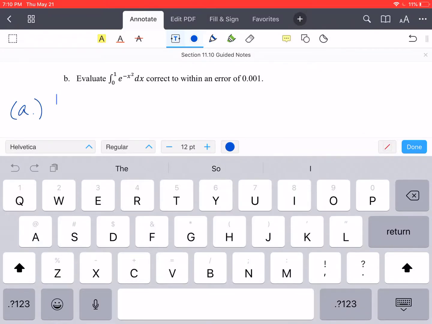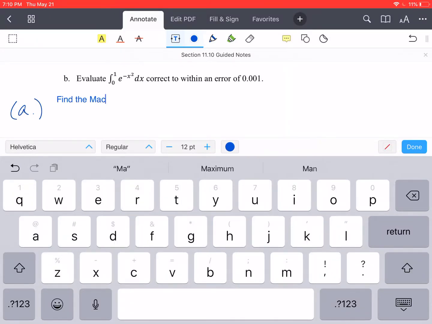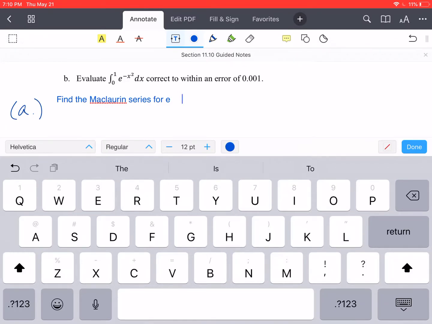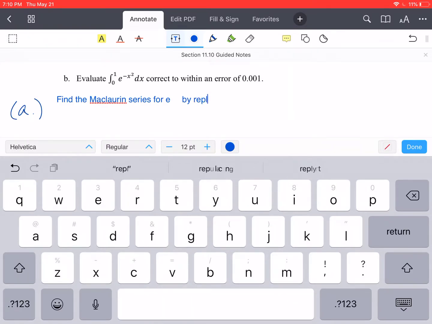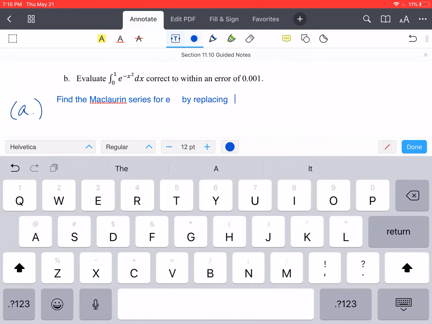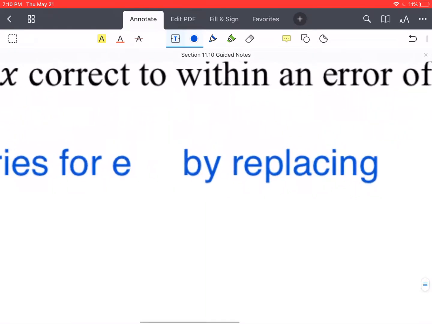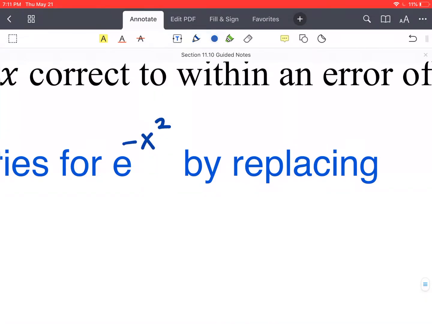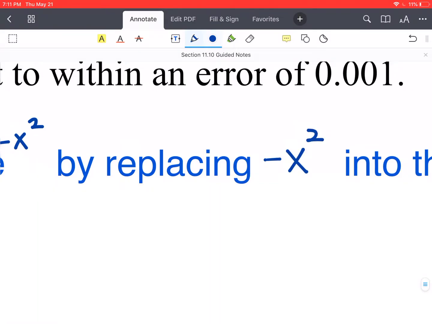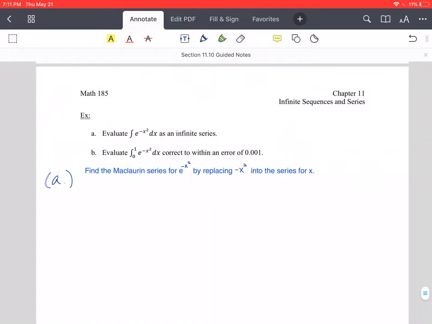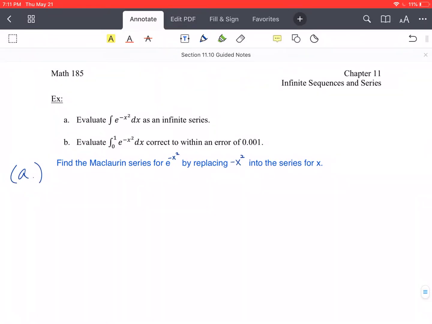So, find the Maclaurin series for e to the negative x squared by substituting negative x squared into the series for e to the x.